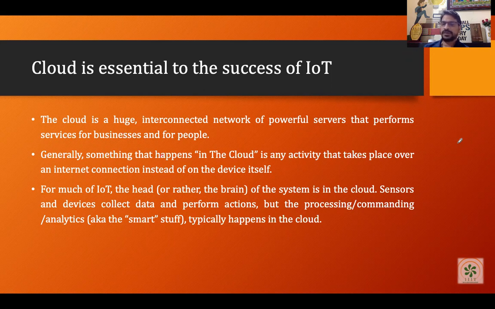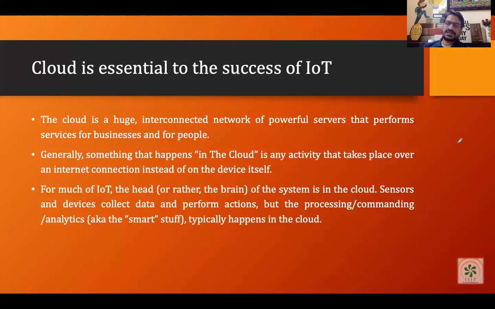If you consider the body as the infrastructure of IoT, your brain works as a cloud. Your brain can store the data as well as process the data and make the decision. In the same way, in the IoT infrastructure, the cloud will store the data, process the data, and make the decision.